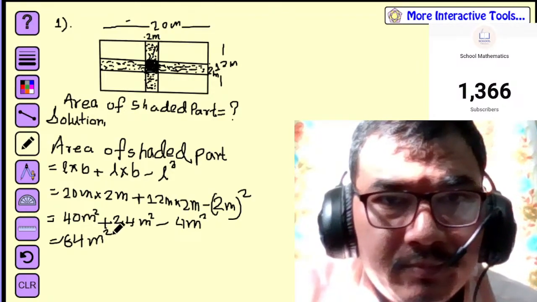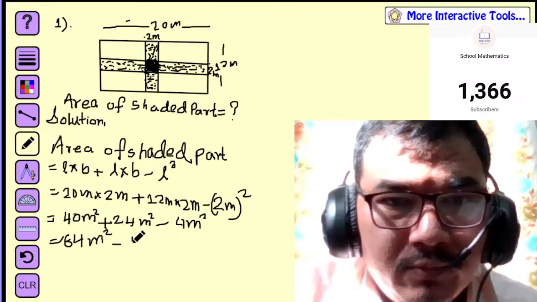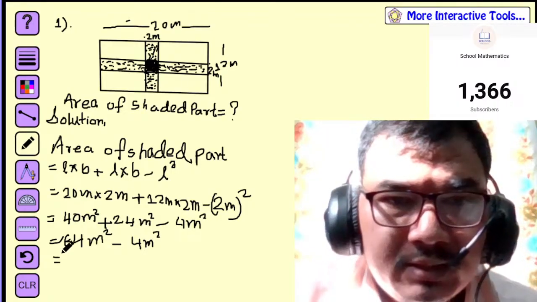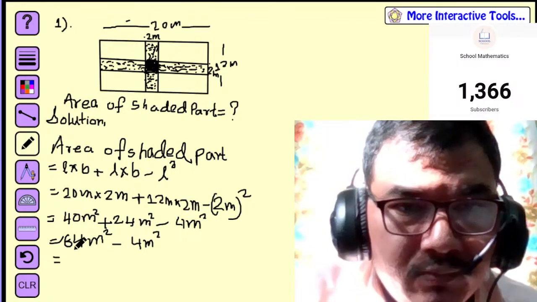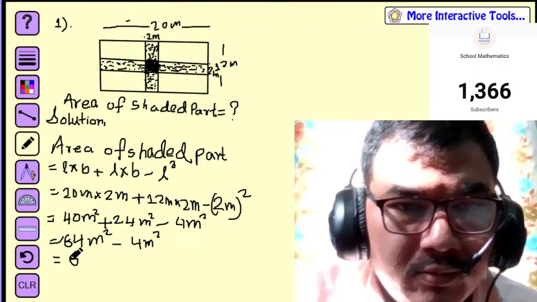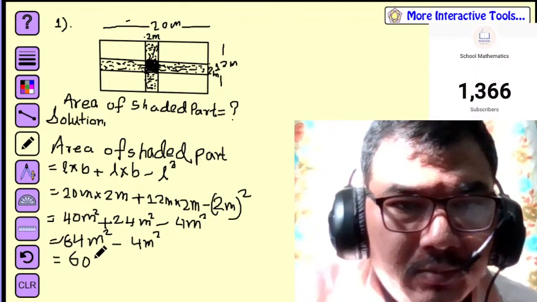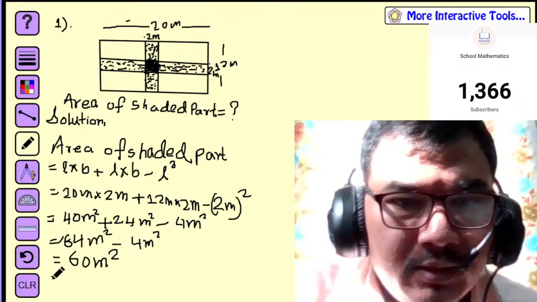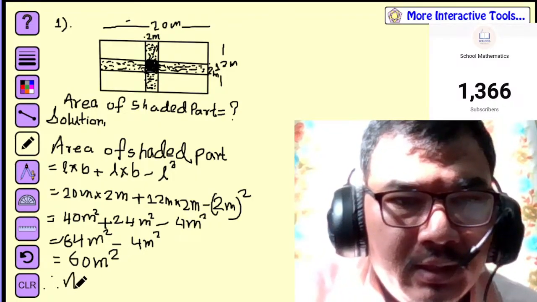And then minus 4 meter square. When you subtract, 64 minus 4, it will come 60 meter square.